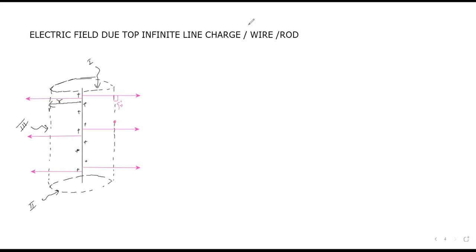The area vector for this surface will be along the direction of the field. The electric field lines are in the same direction, making a 0 degree angle with the area vector. The area vector for surface 1 is perpendicular to the surface, and the area vector for surface 3 is also perpendicular to the surface.